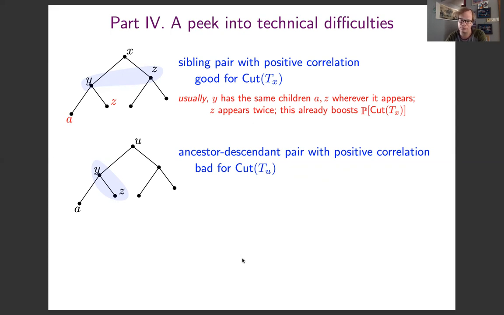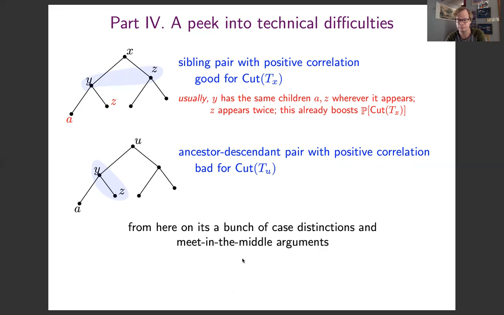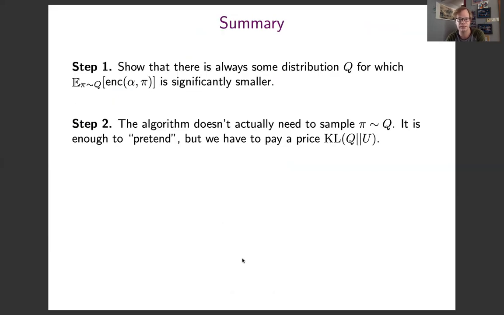So now you have to quantify things: how much does it boost, and how much does this ancestor-descendant pair at the bottom harm the bottom tree? From here on, it's basically a bunch of meat-in-the-middle arguments. And at the end of the day, you will see whatever your formula is, you can find a distribution of permutations that is linearly better.